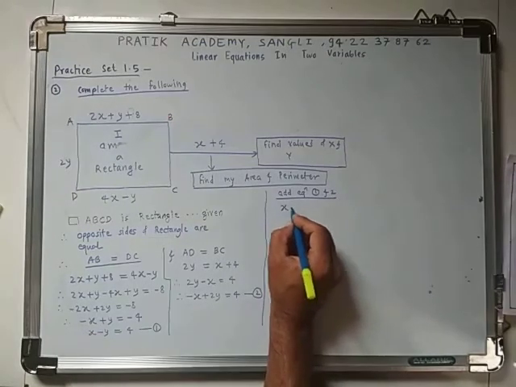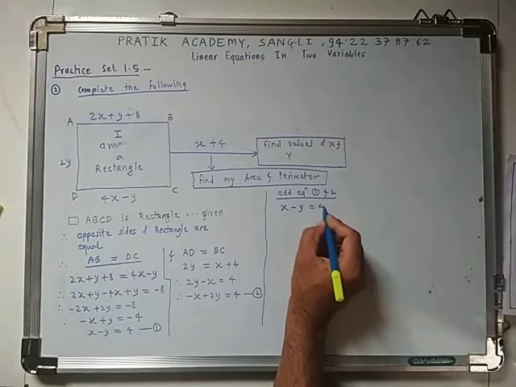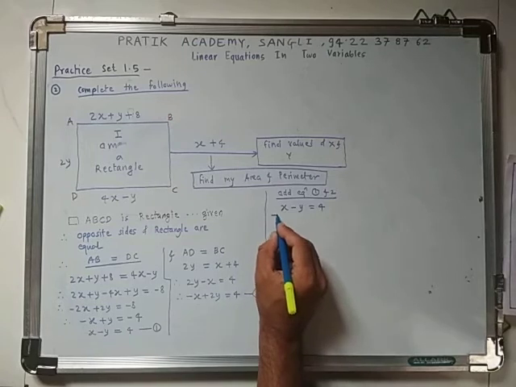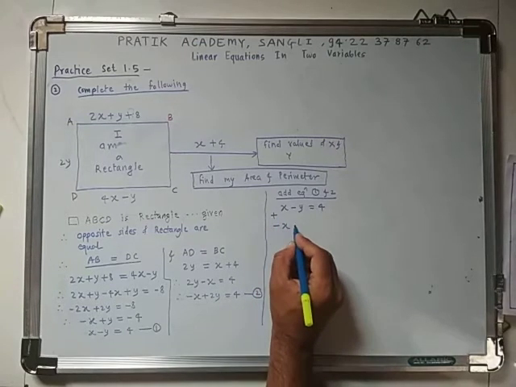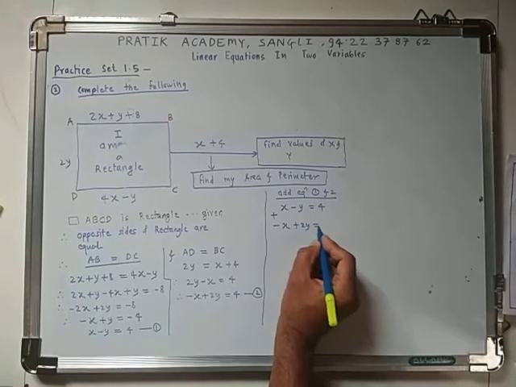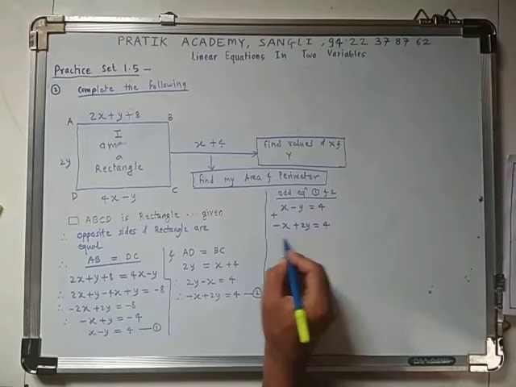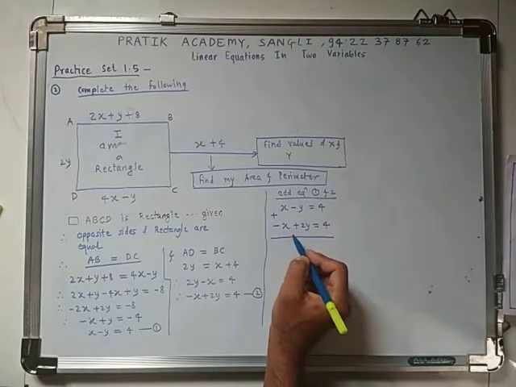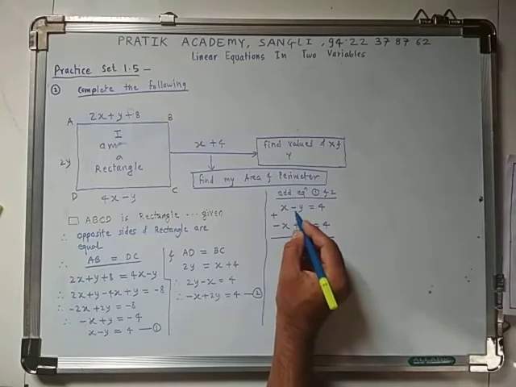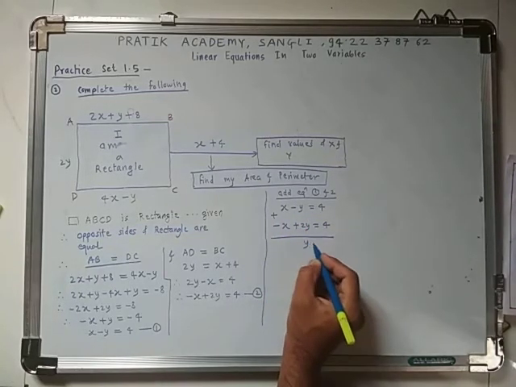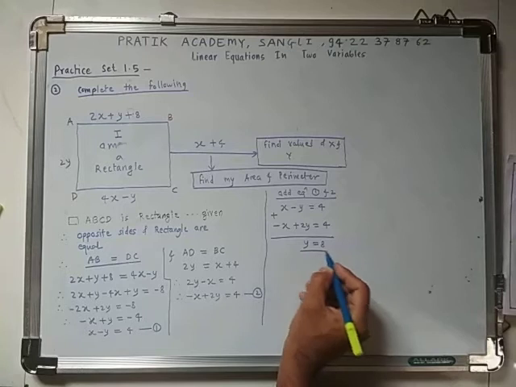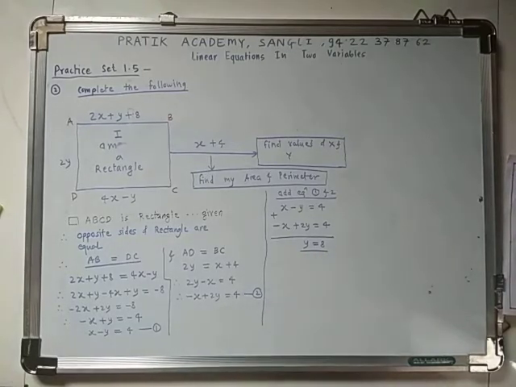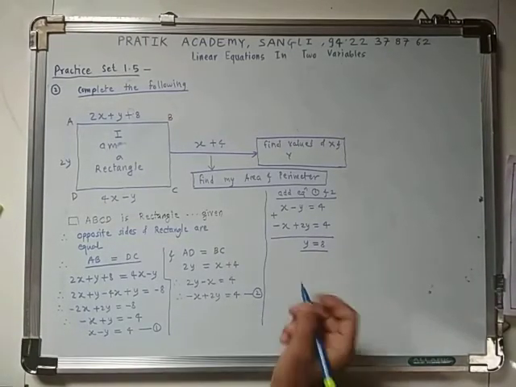So x minus y is equal to 4, plus minus x plus 2y is equal to again 4. If we add, x minus x gets cancelled, minus y plus 2y, that is y is equal to 8. So y is coming to be 8.